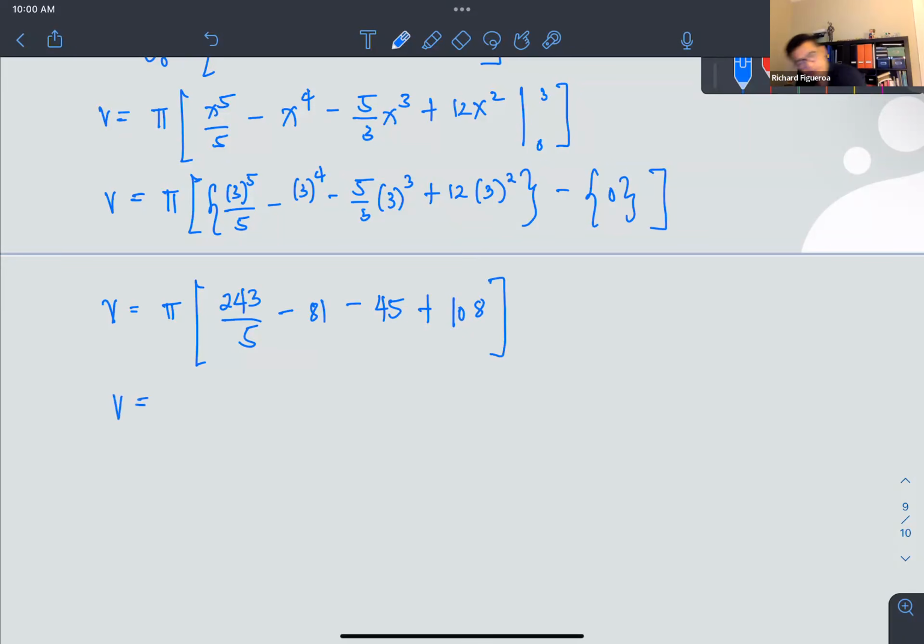So finally, so do the calculator. Using your calculator. So what should be the answer? So the answer should be 153 over 5 pi cubic units.